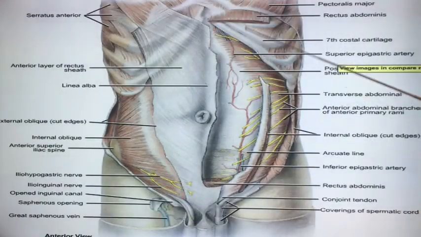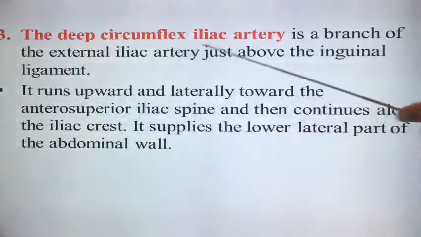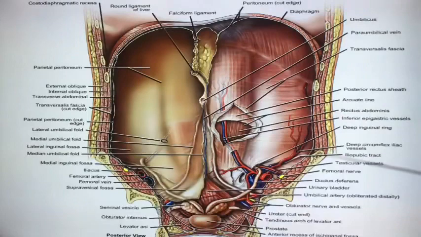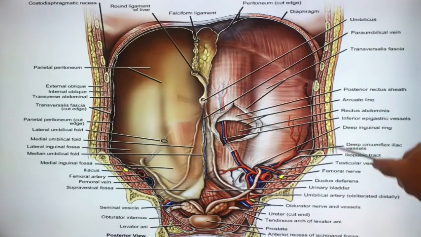This is another picture showing you the nerves, showing you the arteries, and so on. Superior, inferior epigastric, deep circumflex, you can read it. Where are we in this picture? We are inside the abdominal cavity, looking at the anterior abdominal wall from posterior.